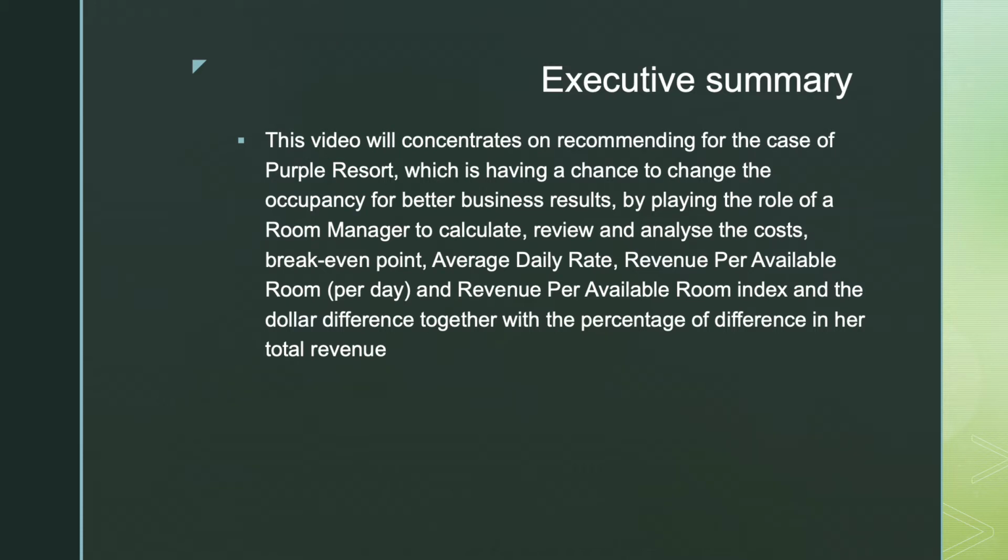In this video, we'll concentrate on a recommendation for the case of Purple Resort, which has a chance to change the occupancy for better business results by playing the role of a room manager to calculate, review, and analyze the costs, the break-even point, the average daily rate, the revenue per available room per day, the revenue per available room index, and the dollar difference together with the percentage of difference in her total revenue.